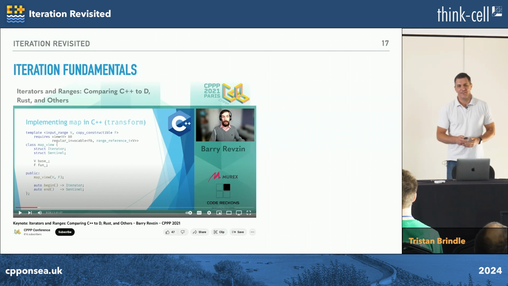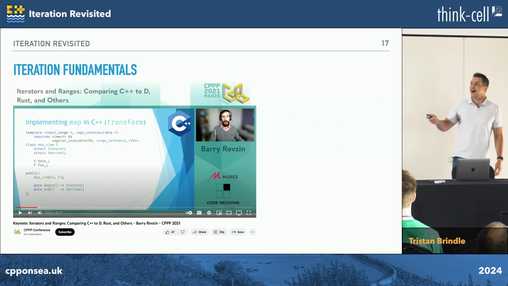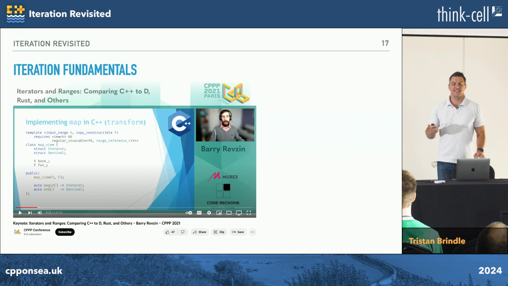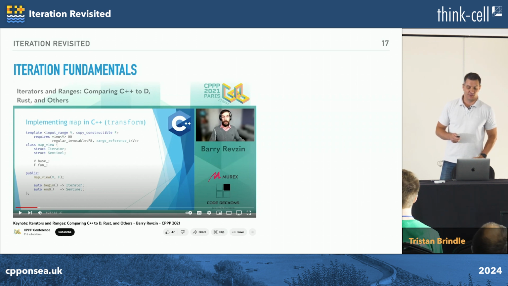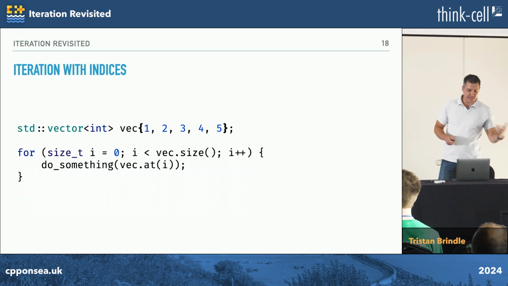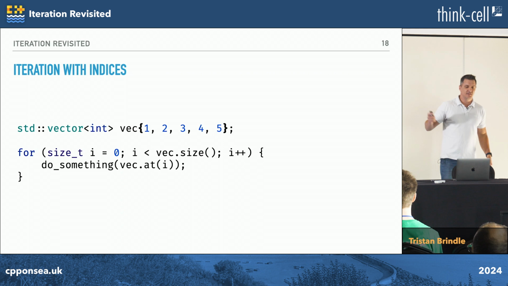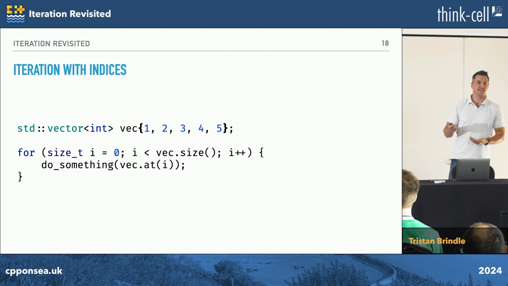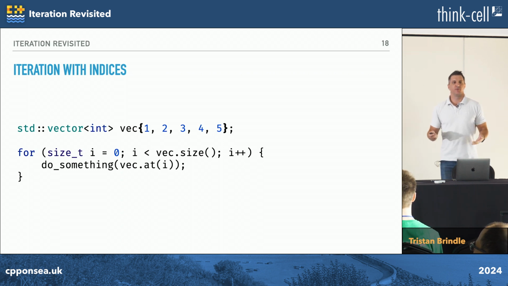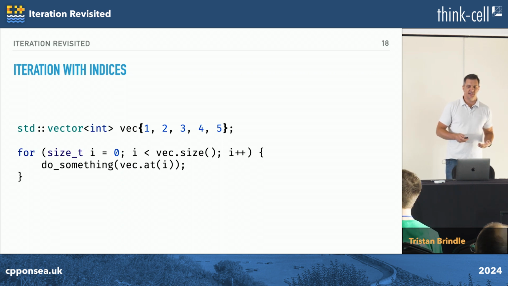Well, there's one that I'm pretty sure you're all familiar with, because I happened to sneak it on as the very first slide of this talk. And that's iteration using indices. So what happens if we iterate using indices instead?